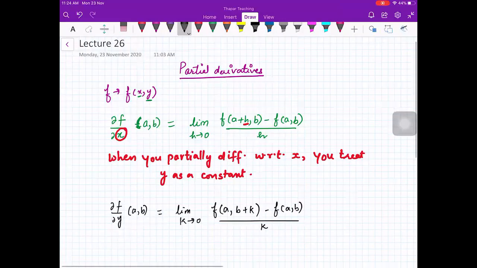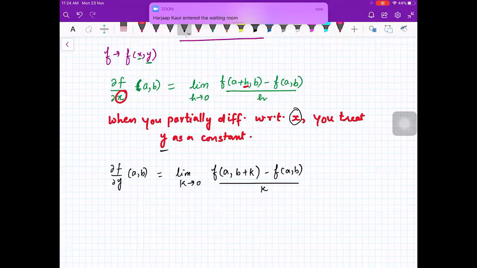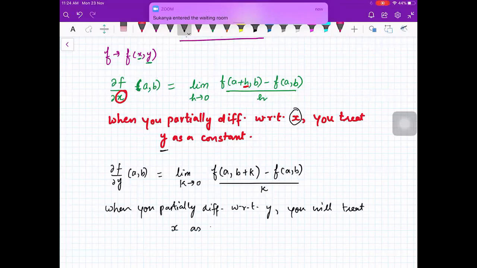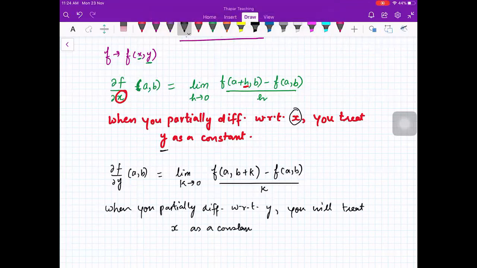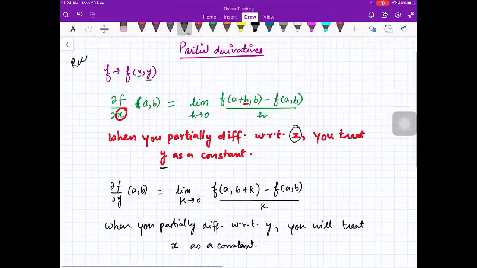So when you partially differentiate with respect to y, you will treat x as a constant. This is your recap for the last lecture.